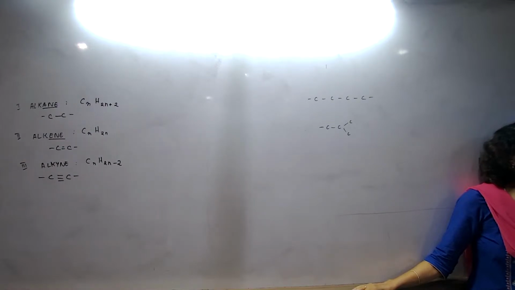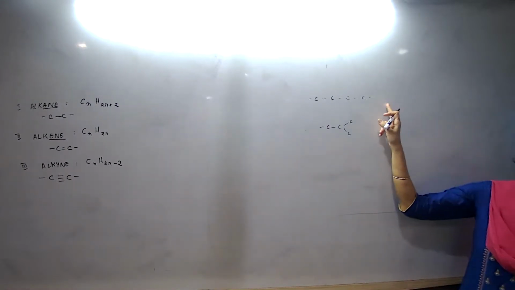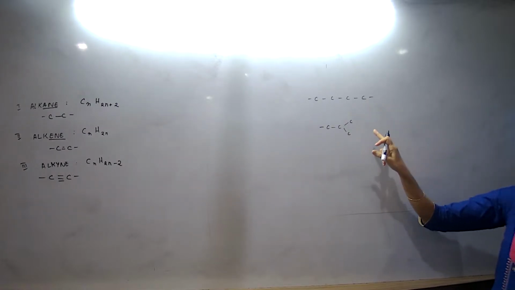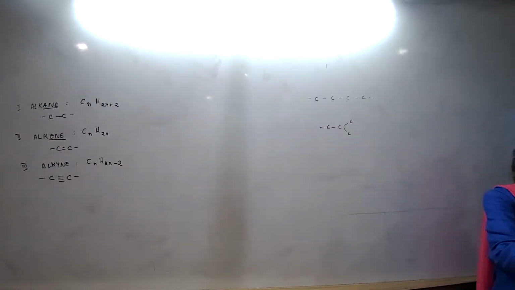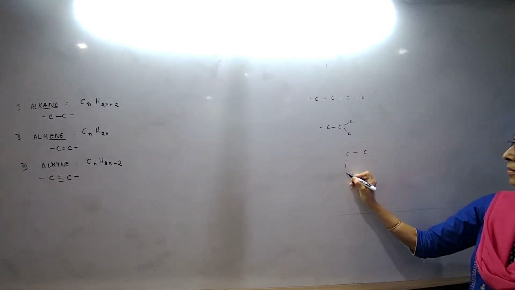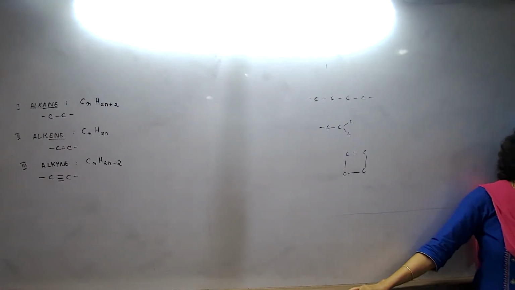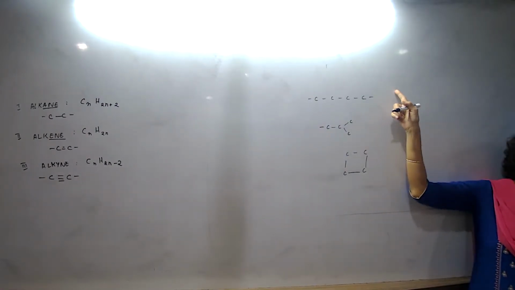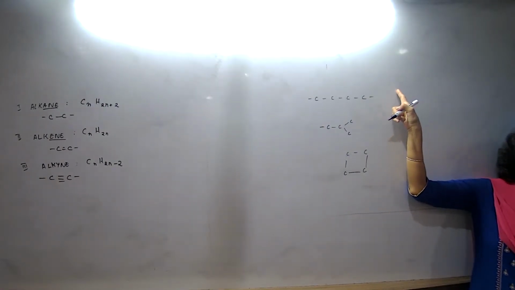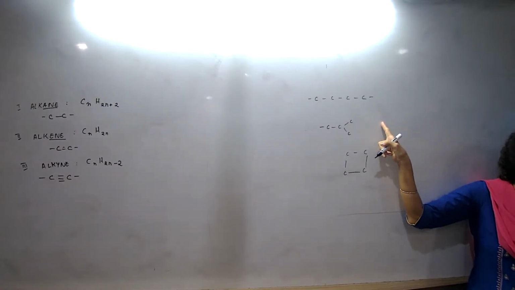So, the beauty of organic compounds is that they can be straight chains, they can be branched, or it can also be present in the form of a closed structure. For example, this. How many carbons? 4. Once again, 4. But are all the structures the same? This is a straight unbranched chain. This is a branched chain.